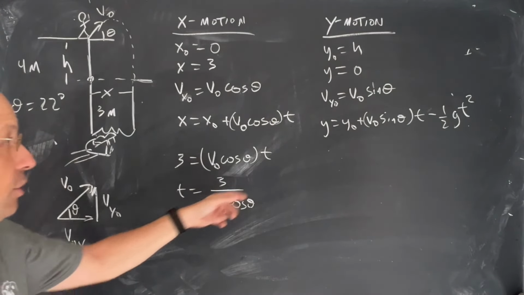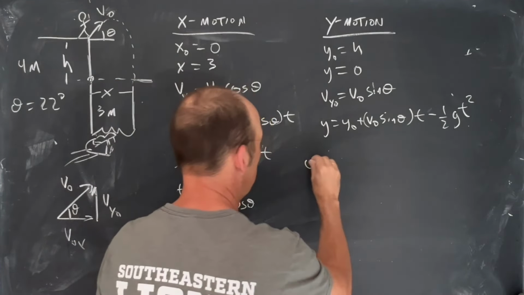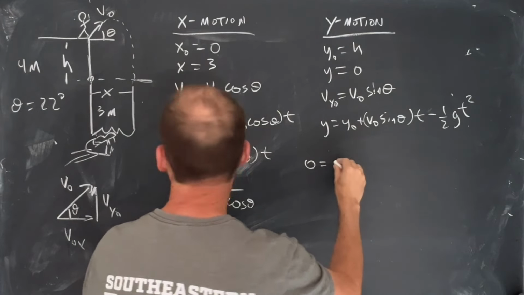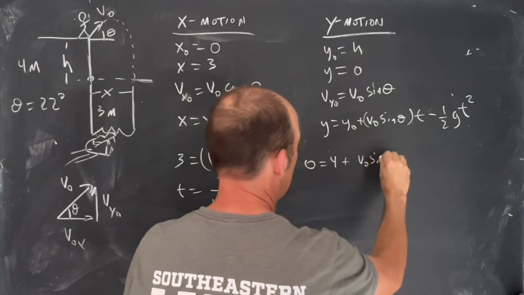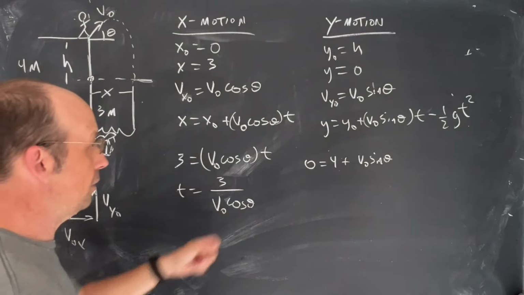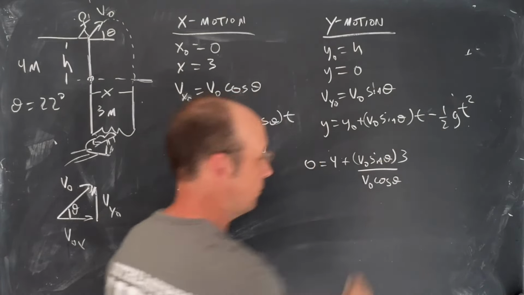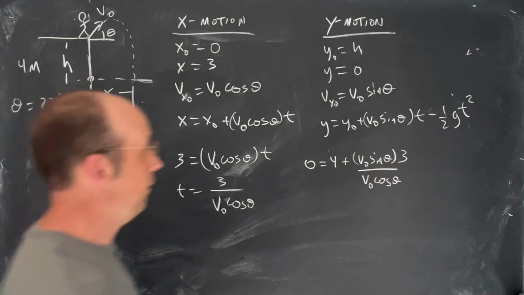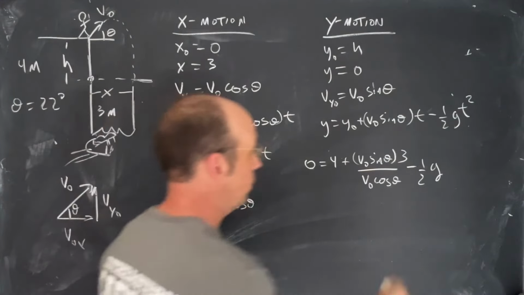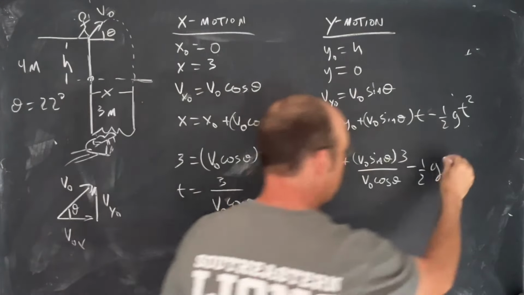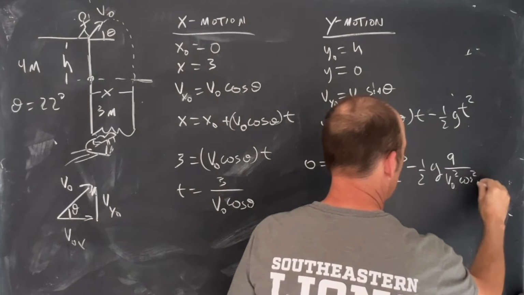Now if I take that expression and plug it in over here, and I put my numbers in too, I get 0, that's my final y, equals the initial y of 4, plus v0 sine theta times 3 over v0 cosine theta, and then minus 1/2 g times t squared, which I'll write as 9 over v0 squared cosine squared theta.